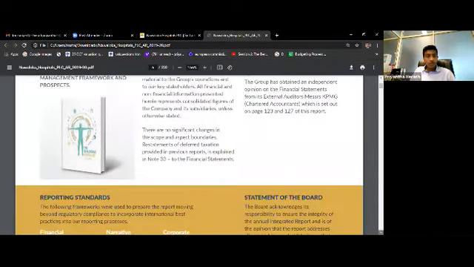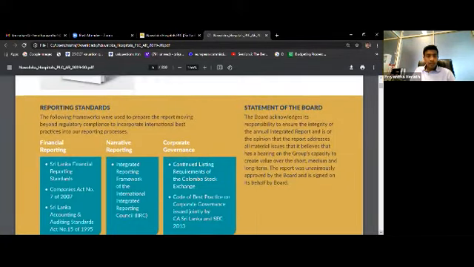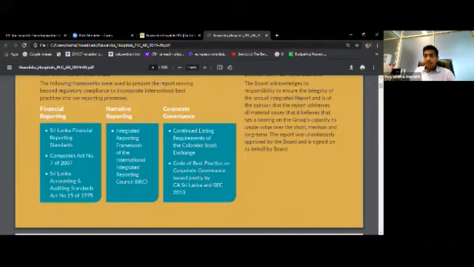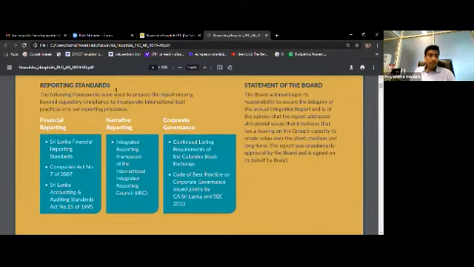Okay, let's go down further. Then reporting standards. Can you see here? Those days when we prepare financial statements, we use only accounting standards, right?